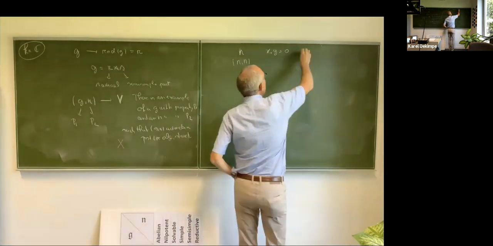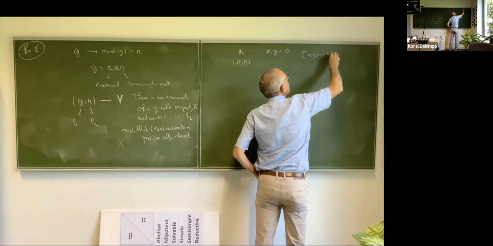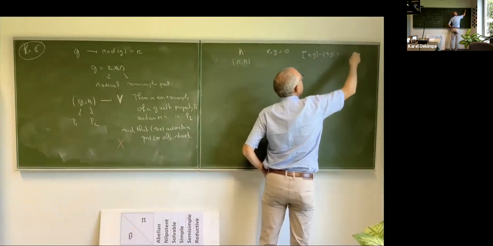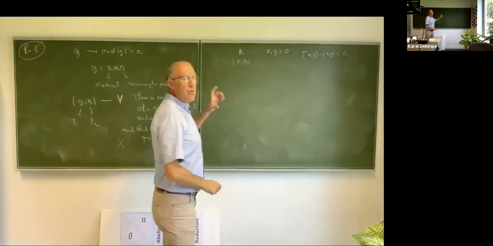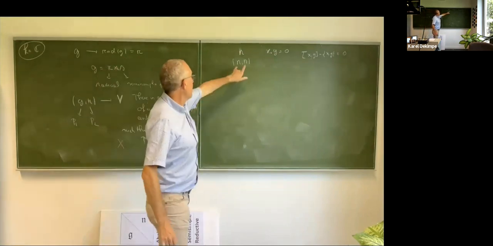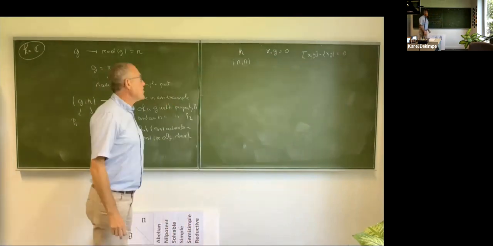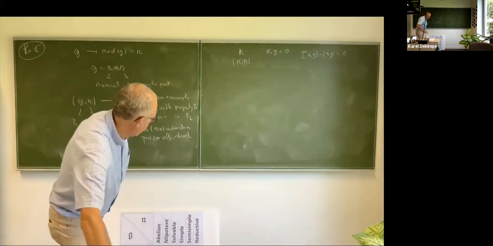So you have that xy minus yx should be 0, so the brackets should be the same. Okay. And the two other properties are also satisfied. So if you have a zero product, then you have a Post Lie algebra structure of the pair N.